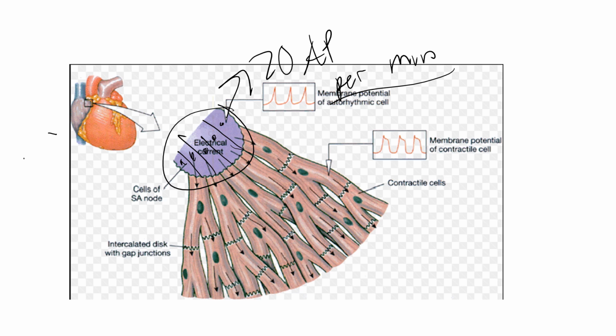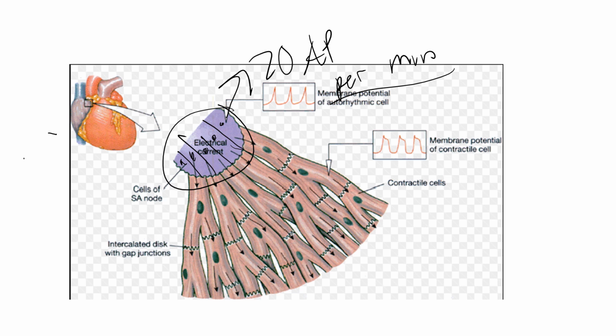Okay, and what do we know about the heart rate? Heart rate is about 70 beats or 70 contractions per minute. That means your heart contracts as a whole about 70 times per minute. So that is clearly related to what these sinoatrial node cardiac muscle fibers are doing, right?